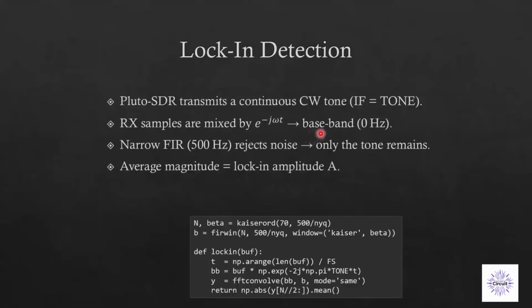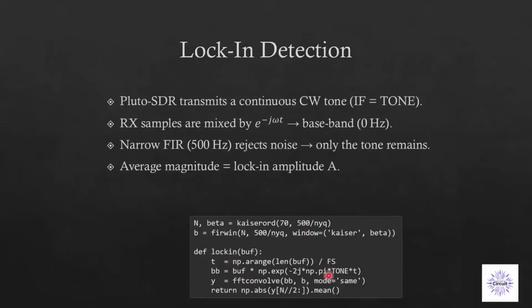Basically, we want to create a sine tone at the output of the ADALM Pluto. So in baseband, we create a very low frequency sine tone, for instance, 500 kilohertz. Then we change the TXLO to the frequency of our interest. Then at the receiver, we first make the RXLO equal to the TXLO that we are interested in looking at.